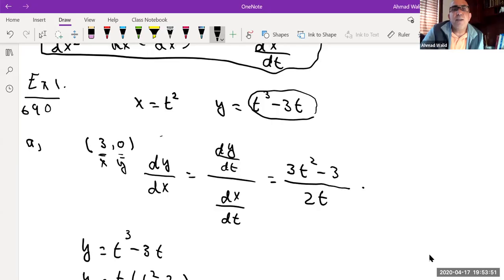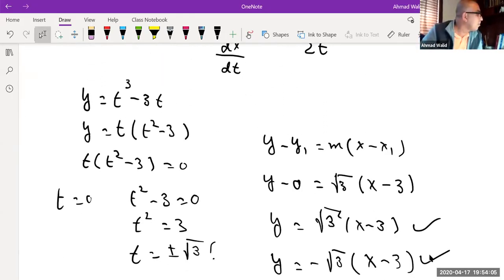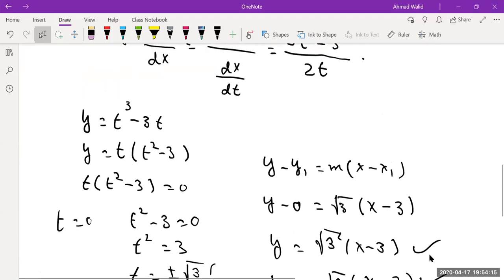Because if you plug in your x as 3 and your y as 0, you will end up with this radical 3, which is the slope, right? So solving for t gives you the slope.